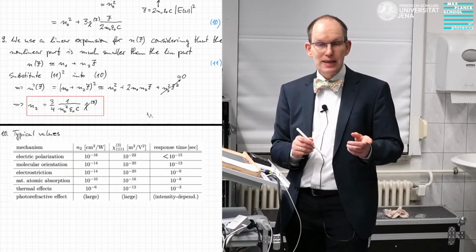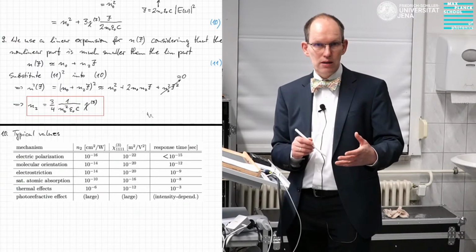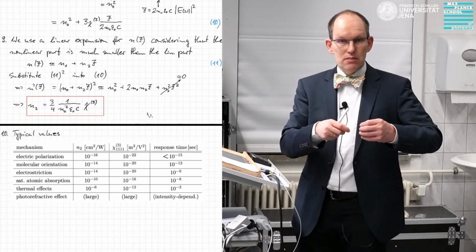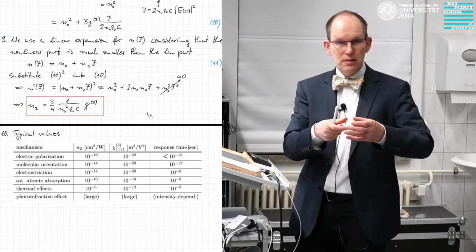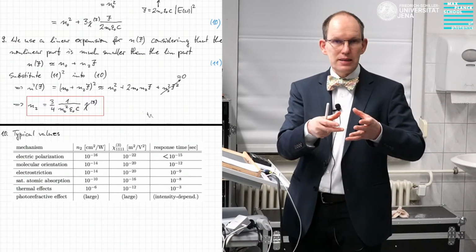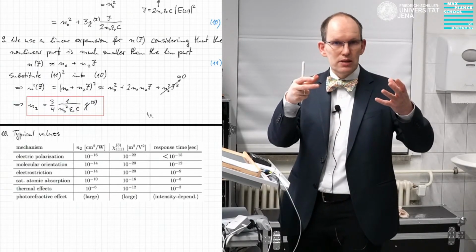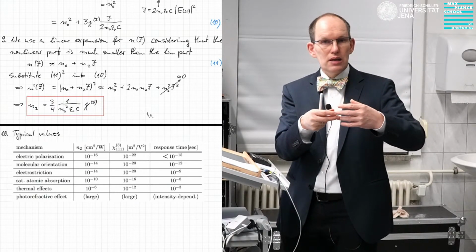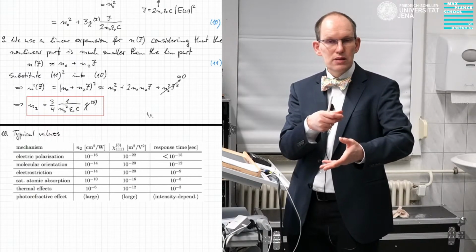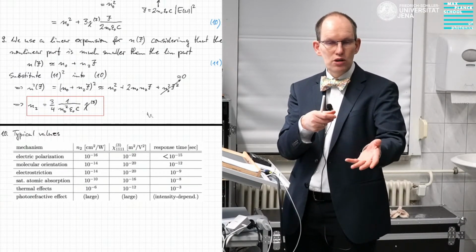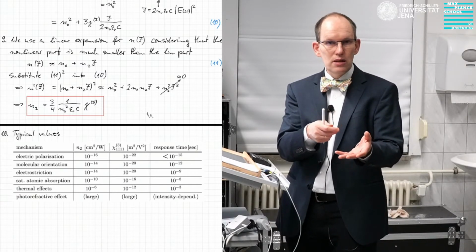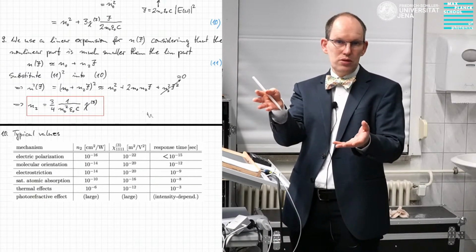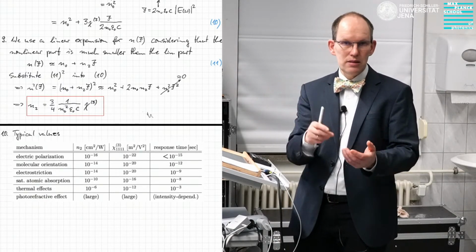And moreover, they are non-local. What do I mean with non-local? If you heat up the central part of a lens, then of course the heat diffuses to all other parts of the lens sooner or later, and therefore the nonlinearity that you induce in one spot of your optical material will also influence the nonlinear properties at another place in this material.